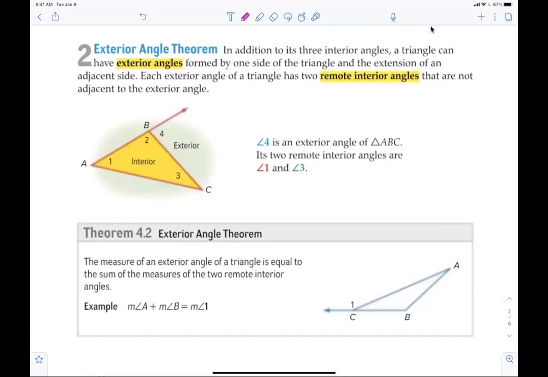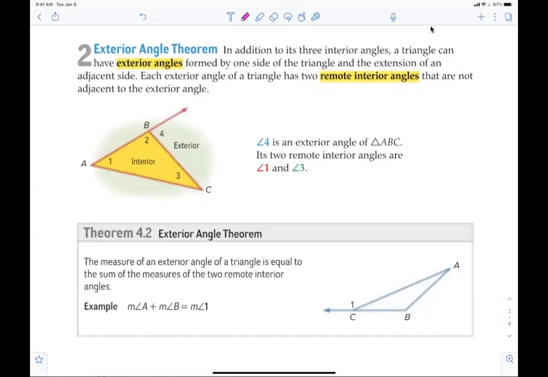I know that seems rather obvious, but angles 1, 2, and 3 are called what? And angle 4 is called exterior. Something that's rather easy to prove is that the exterior angle is equal to the sum of the remote interior angles, is what they call that.